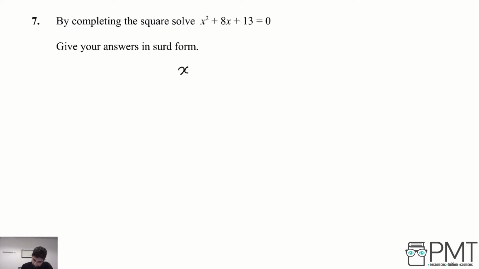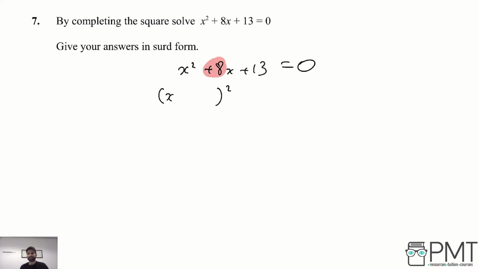We have got x squared plus 8x plus 13 is equal to 0. So by completing the square, we want to solve this. That means I will do what I always do, put my bracket in there, put my x, and then look at what's in front of x, the coefficient of x.